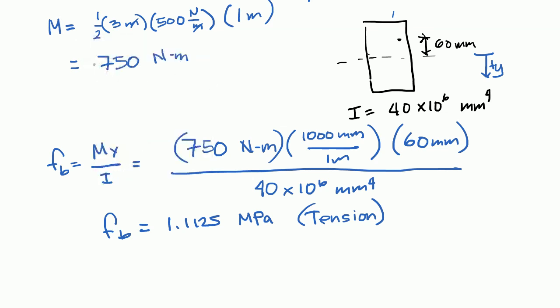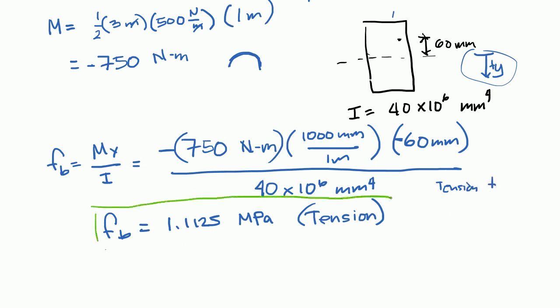Kasi, binibend mo yung beam mo na naka-sad face. Diba? Pa ganyan. So, it's a sad bending. So, negative moment to. So, negative yung moment. Pababa yung positive mo sa Y. So, this should be negative 60. Negative and negative. Positive, and tension positive tayo. So, yan. Ito ang sagot natin for the second question.